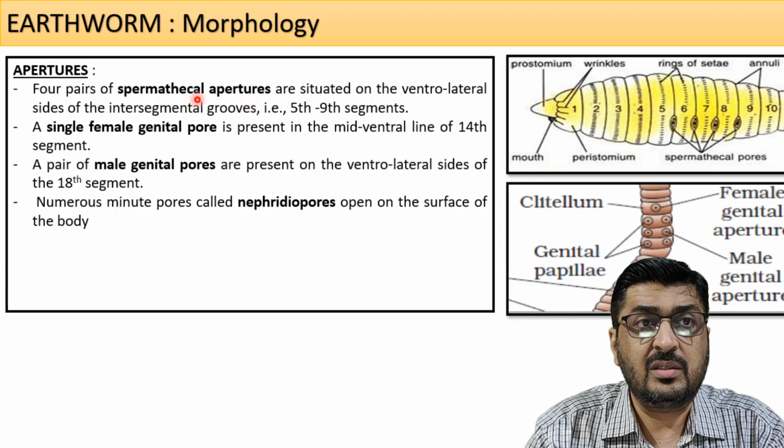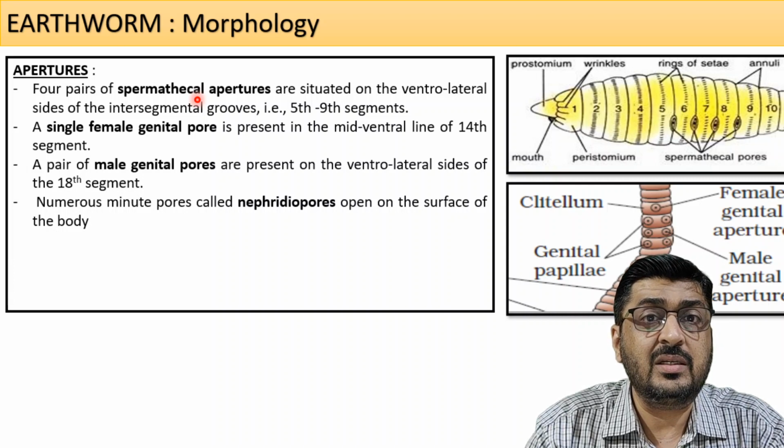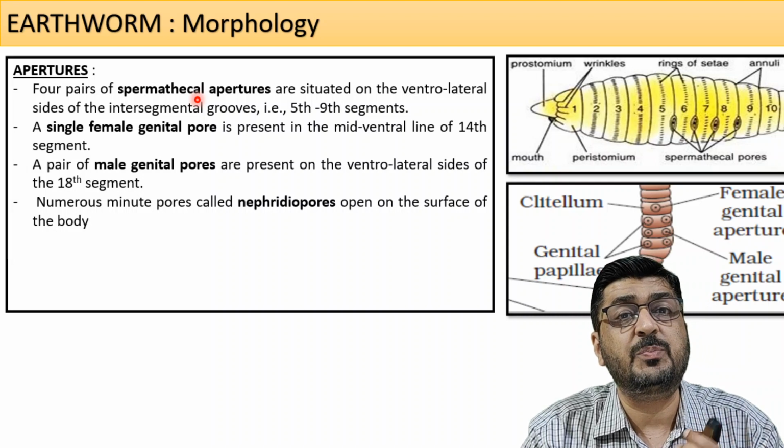Spermatheca came up in cockroach also. It is the structure which receives the sperms.